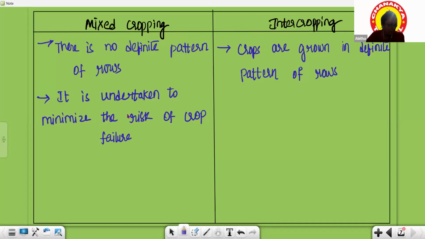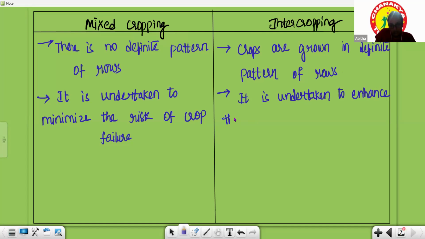Next, intercropping is undertaken to enhance the production of crops per unit area.